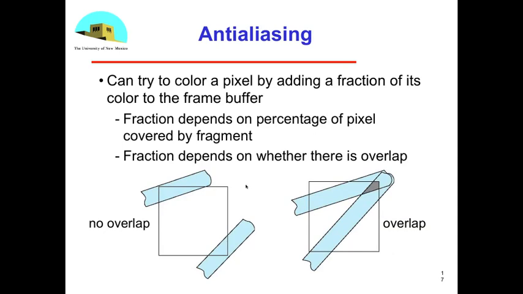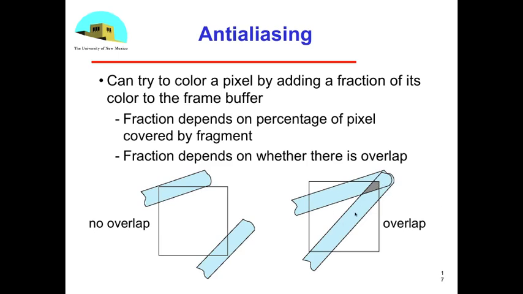Well, mathematically, that can be a little trickier than you might think, because here you could argue, if I know this line and I know exactly where it goes, I could say this fraction of this pixel is covered, so I can put a little bit of blue in here, and for this line, I can put a little bit of blue up here. But the problem is, what happens if these lines overlap?